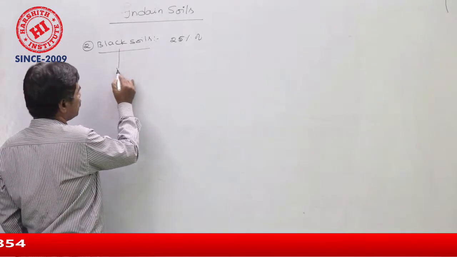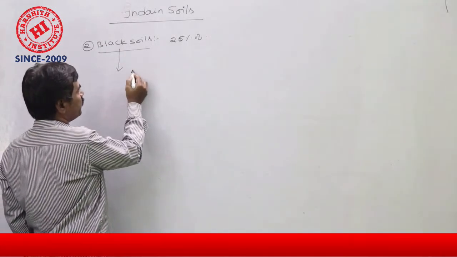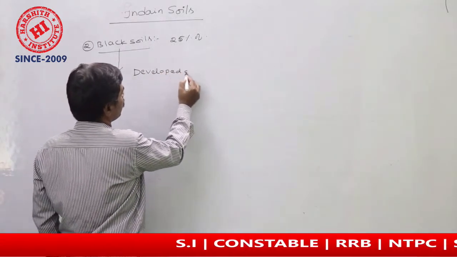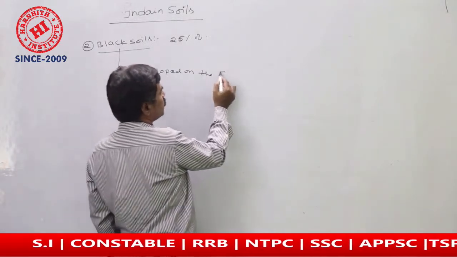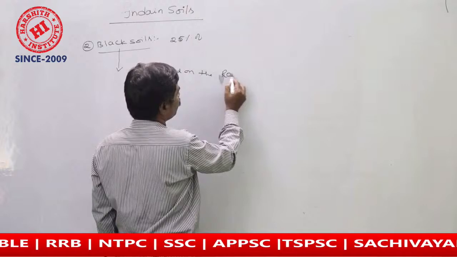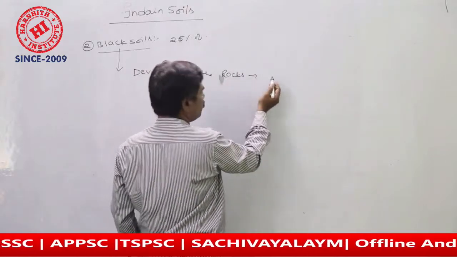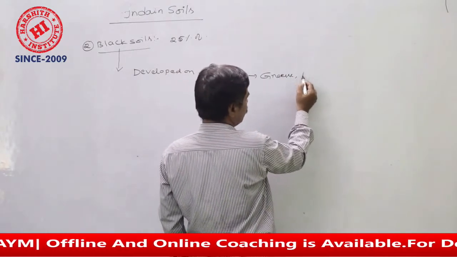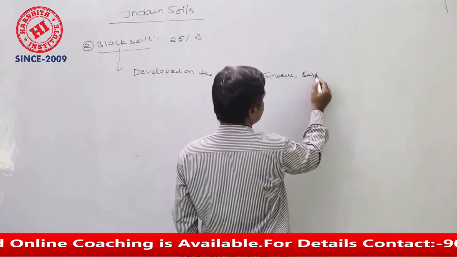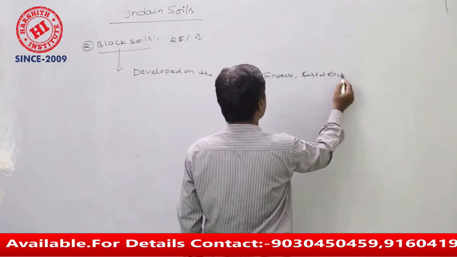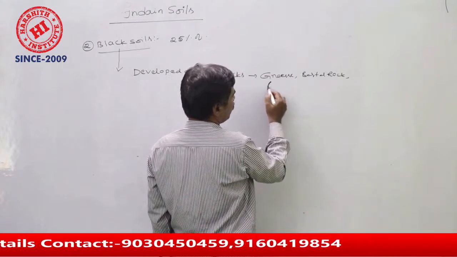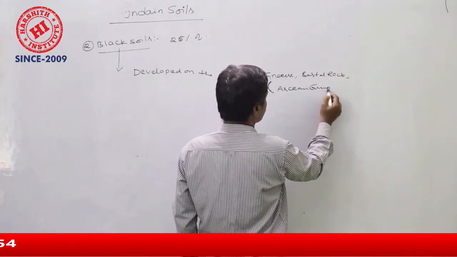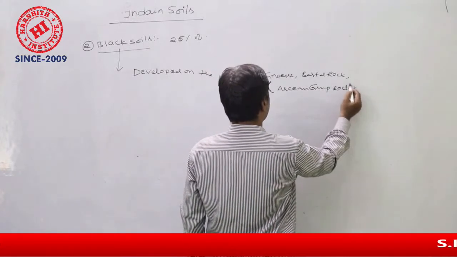Black soil is developed on the gneiss rocks and basalt rocks. These two types of rocks are Archean group rocks, and also lava rocks.